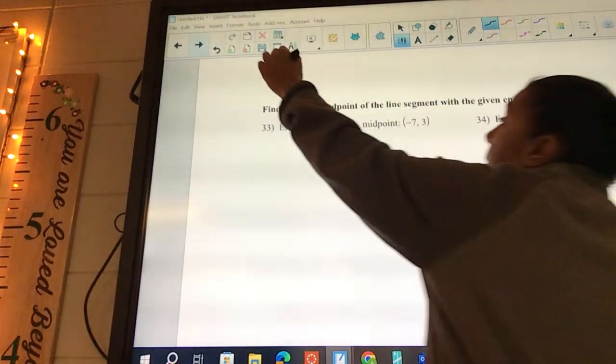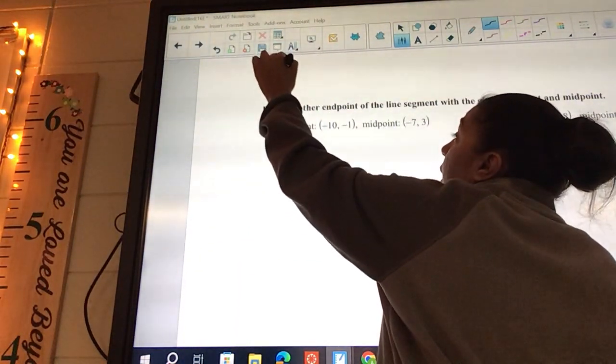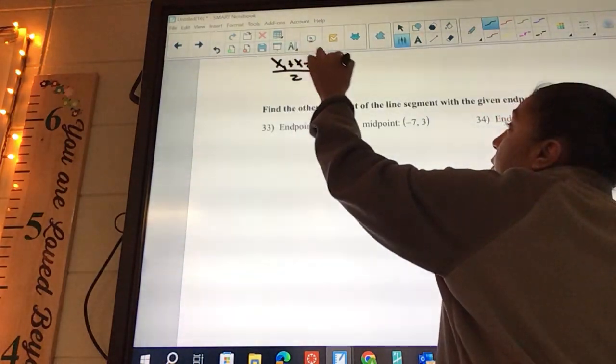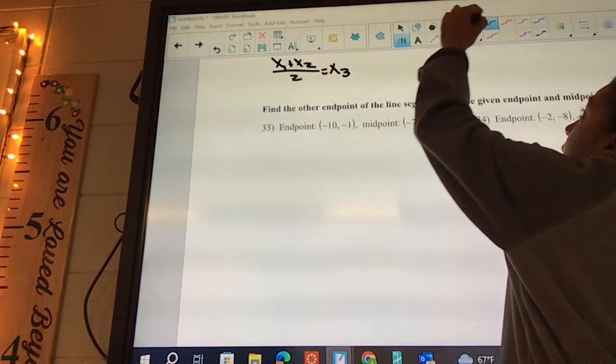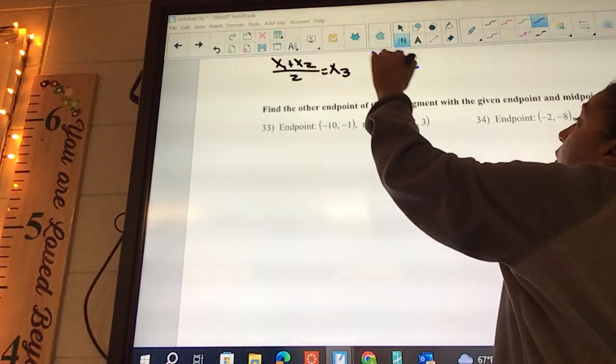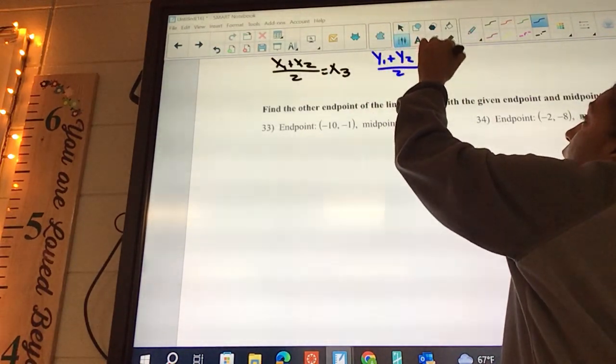Okay, the endpoint. This is the one where you make sure you have the formula: (x1 plus x2)/2 equals x3, and then (y1 plus y2)/2 equals y3.